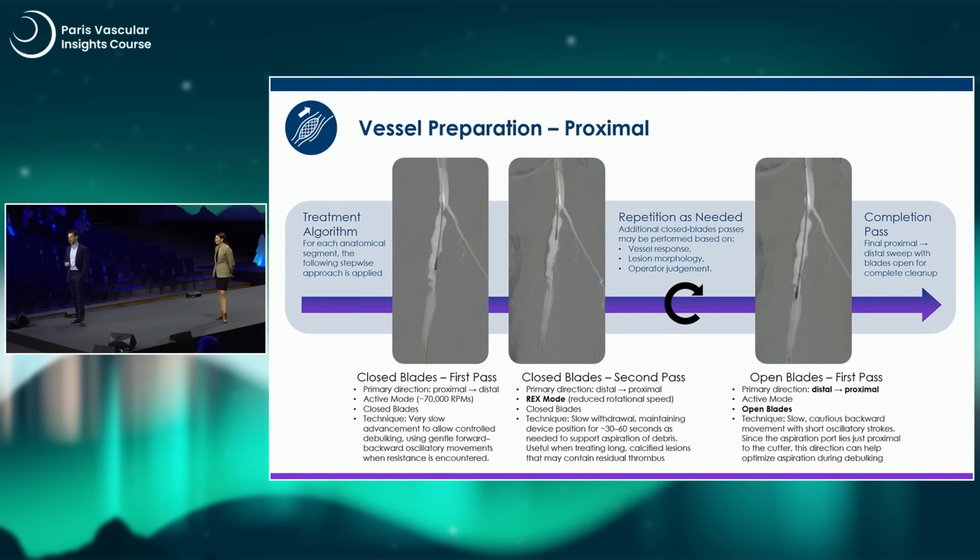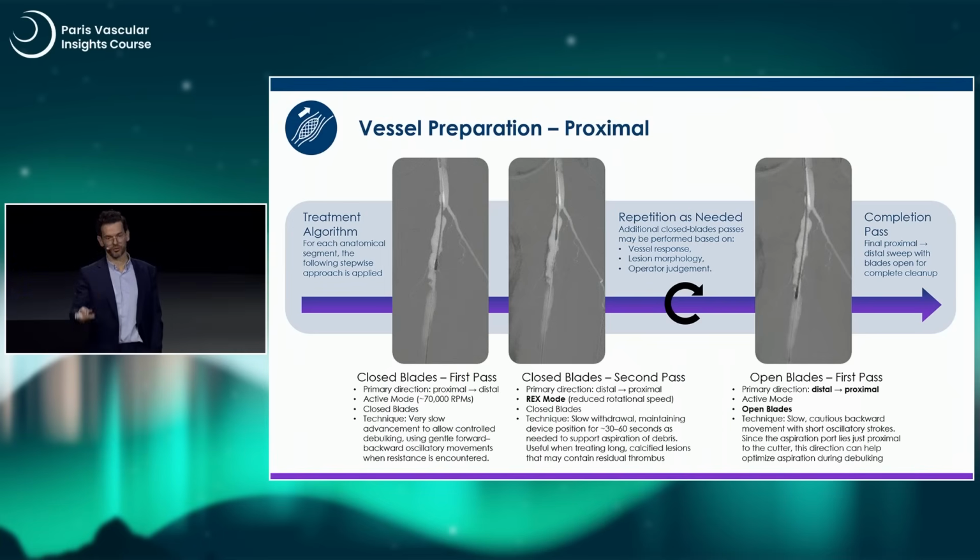So I first treat the first lesion, a first pass with blades down, of course, and then Rex mode just below the more distal lesion to aspirate the little dust or debris that could come downstream. And then what I do to avoid distal embolization in such calcified lesion is that I activate the blades open and I pull back the catheter.